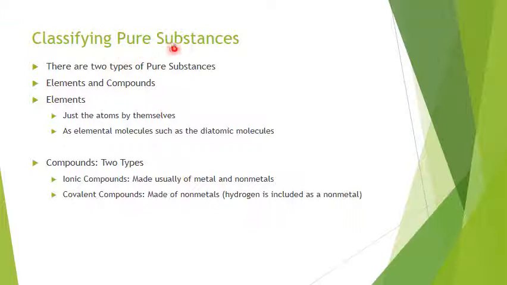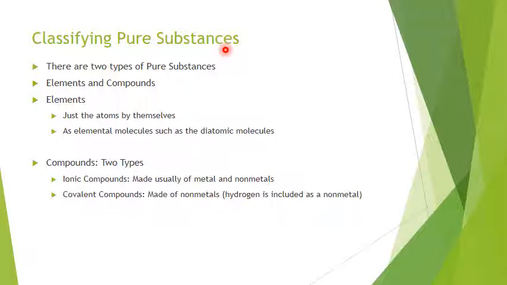Okay, classifying pure substances. Now if you go back and look at that structure, that picture I gave you near the beginning, where we're separating matter into 2 parts, pure substances and mixtures. Mixtures can be broken down into heterogeneous and homogeneous.